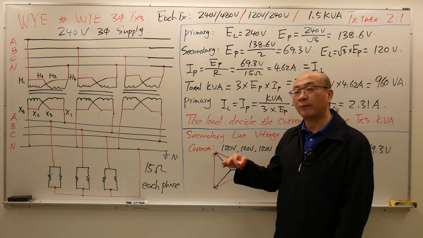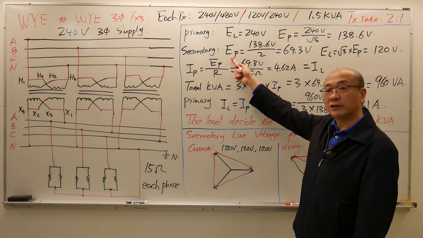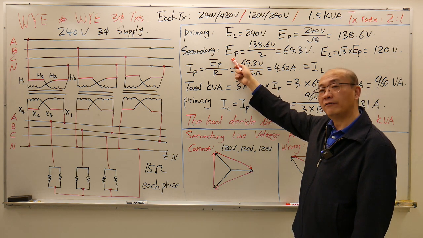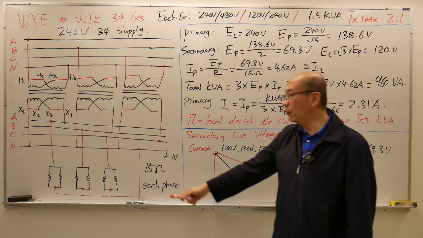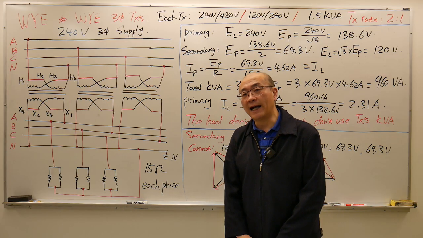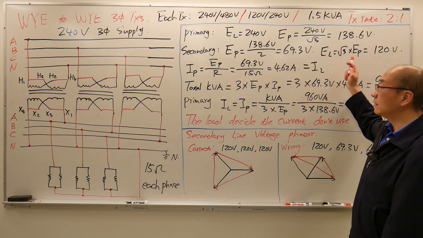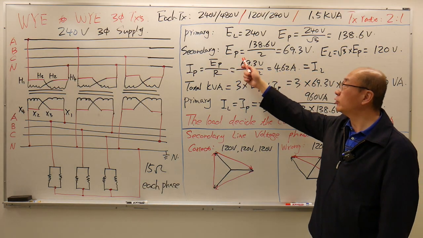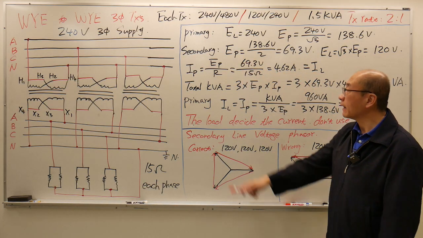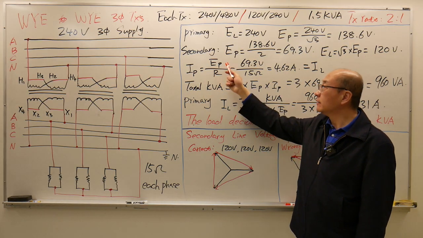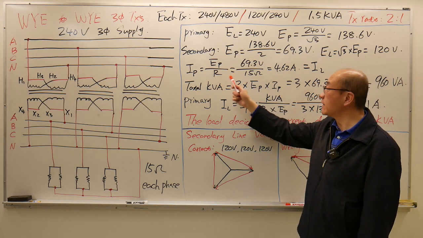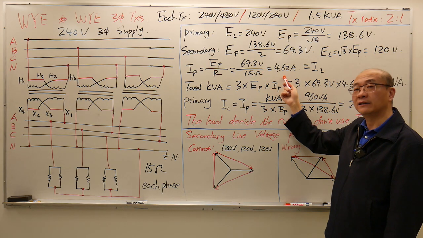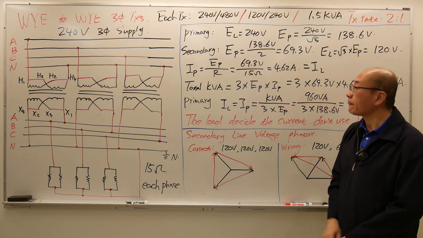Current always comes from the load, so I'm going to use the secondary phase voltage, which will also be the phase voltage for the load, because my load is also Y connected. So from the secondary line voltage coming to the load, it will have the same phase voltage as my secondary phase. Secondary phase current, phase voltage divided by resistance, 69.3 divided by 15 ohm, gives me 4.62 amps.